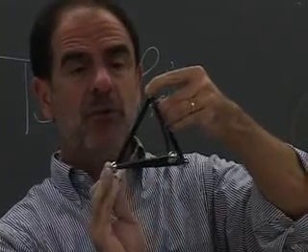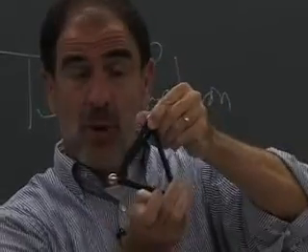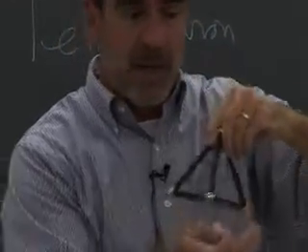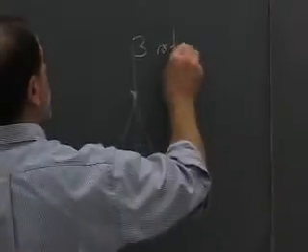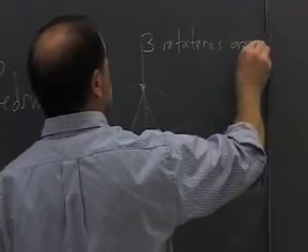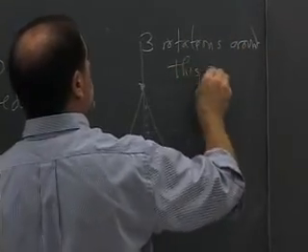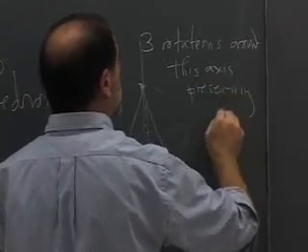And I claim you can do 3 rotations. You can rotate around 120 degrees, or you could do it square or its cube. And those preserve the tetrahedron. So there are 3 rotations around this axis preserving the tetrahedron.